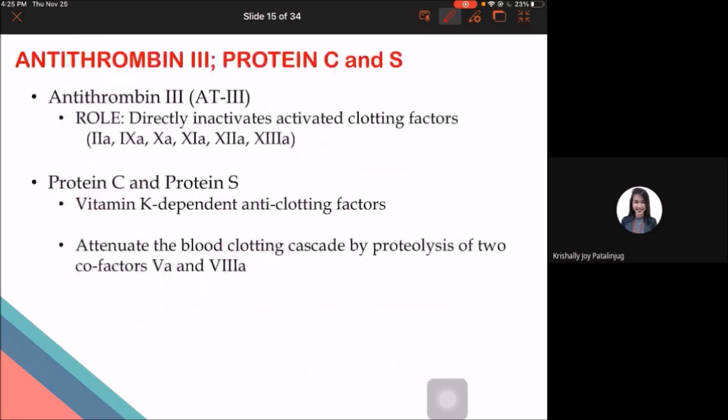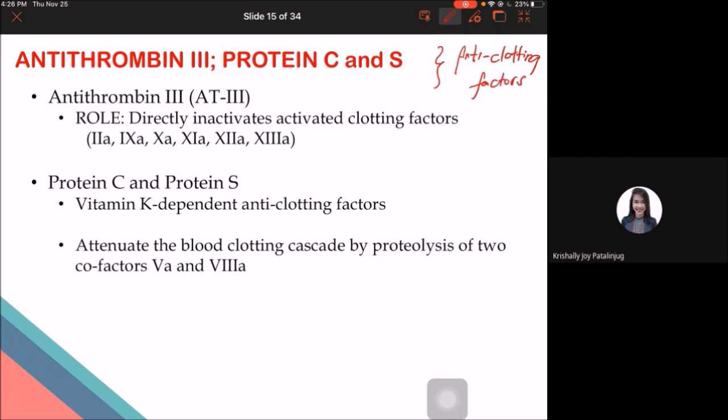Okay, now, let us have antithrombin 3, together with protein C and S. Take note ha, collectively, they are known as anti-clotting factors. Okay?